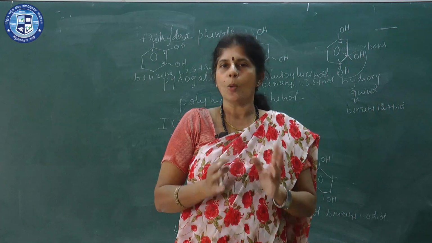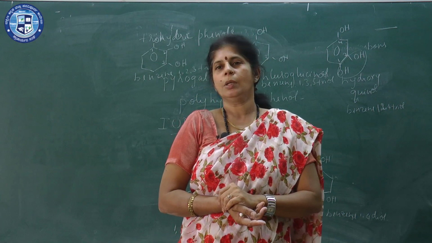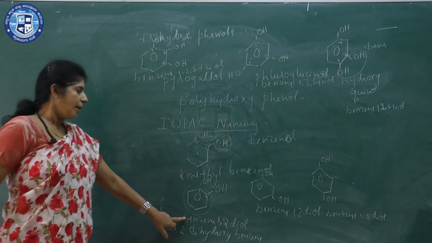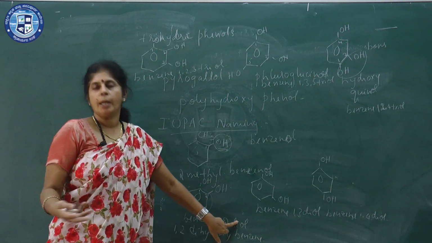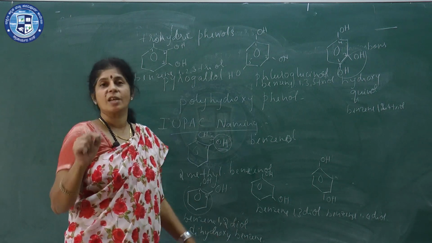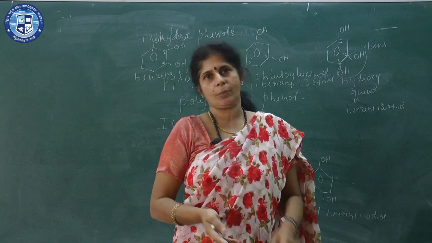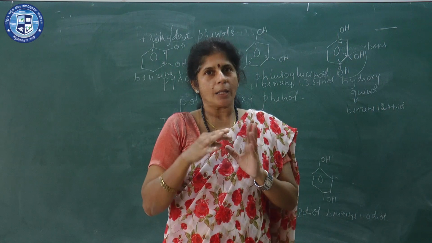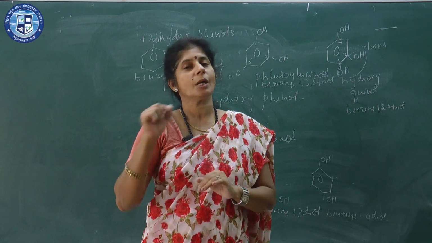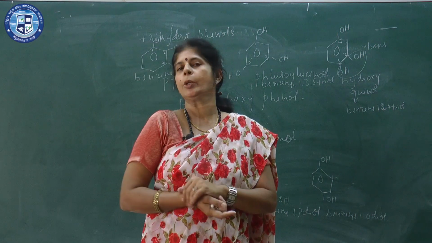To avoid confusion, universally, the first type of nomenclature, benzene-1,2-diol, taking the OH group as a functional group and using the suffix '-ol', is accepted. But I am telling you because in some books you may find names using the hydroxy group.